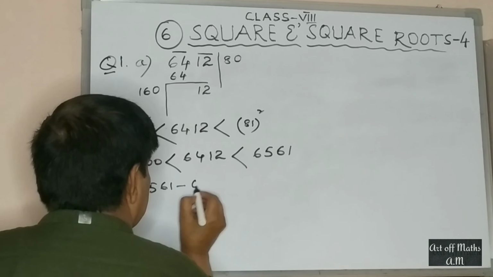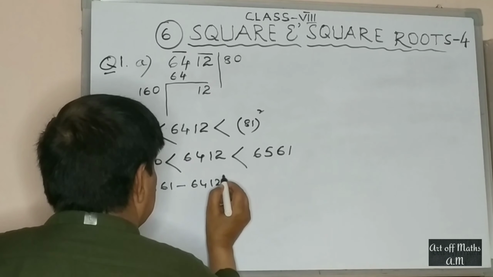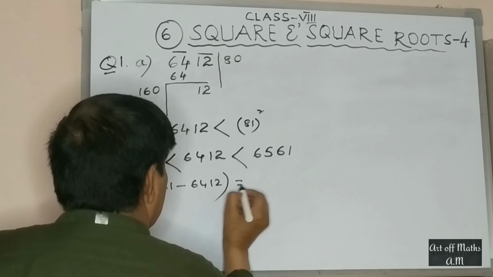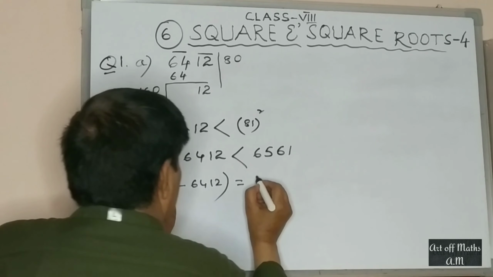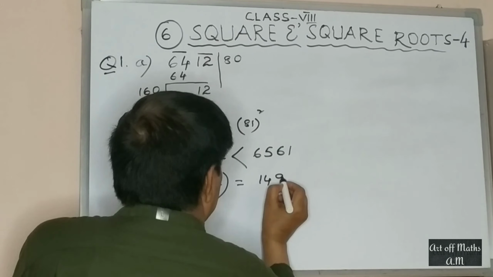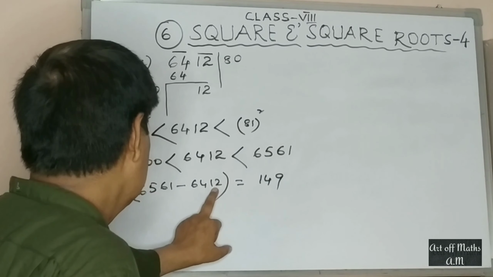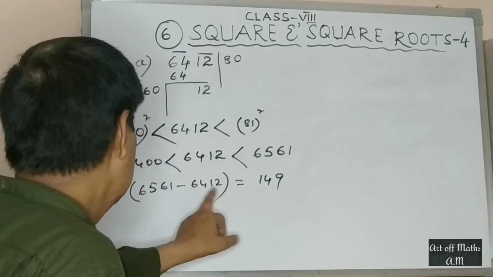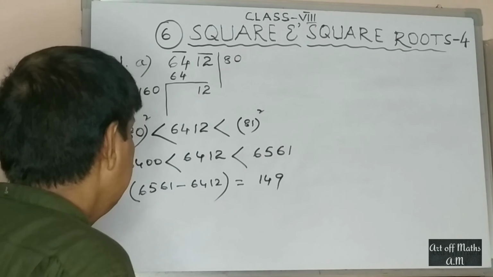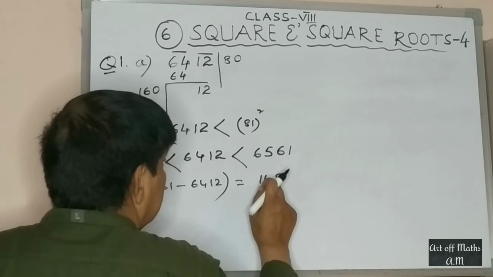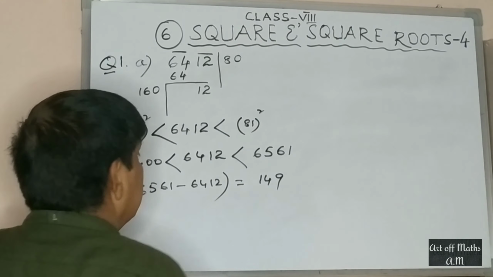Now next step, 6561 minus 6412, 149. Now this number is to be added to this number, given number.